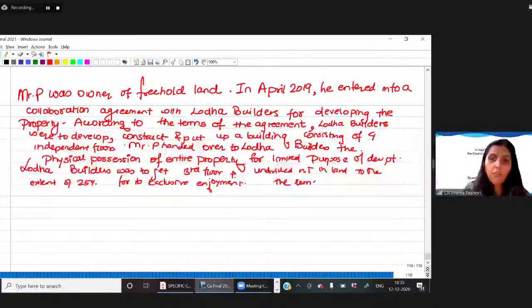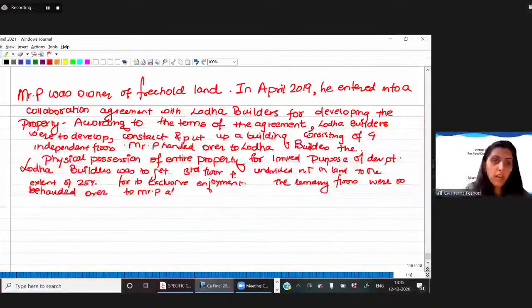The remaining floors were to be handed over to Mr. P after construction.